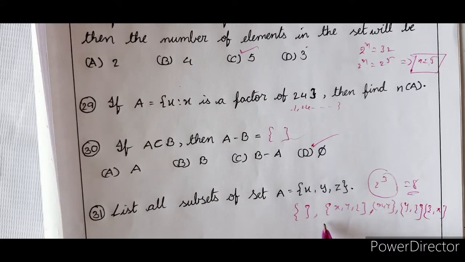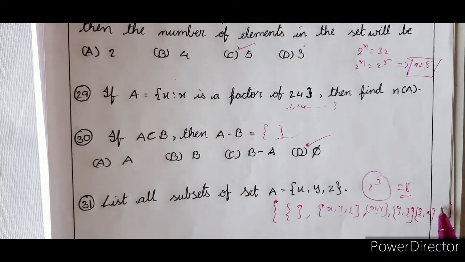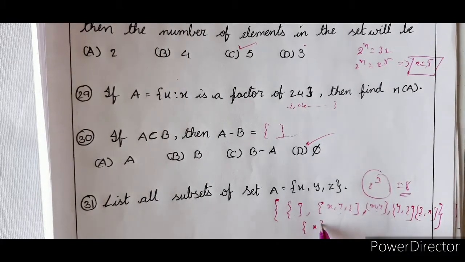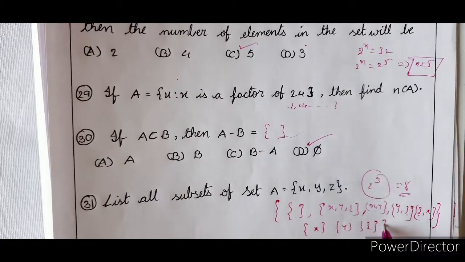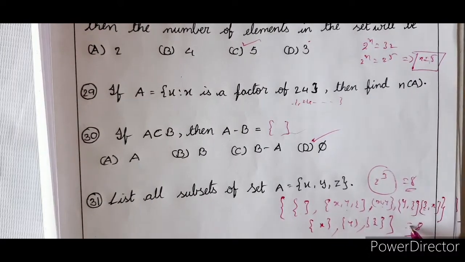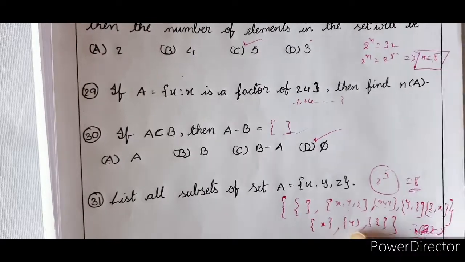Then comes what else? 1, 2, 3, 4, 5. 2 cube 8 must come. Individuals x, y and z, right? 8. Order of A is equal to 8.